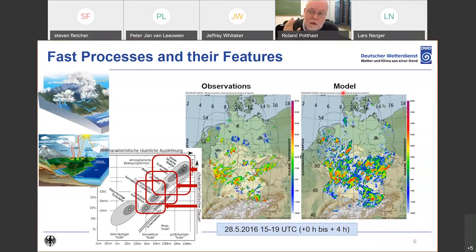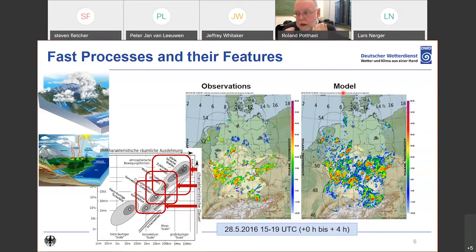The first thing is, if you have, for example, various cells in your model area, and then you simulate these cells 40 times, we have 40 ensemble members here for our LETKF, then different members will have cells in different areas. So how do you compare them? How do you compare properties of these cells in your data assimilation cycle?